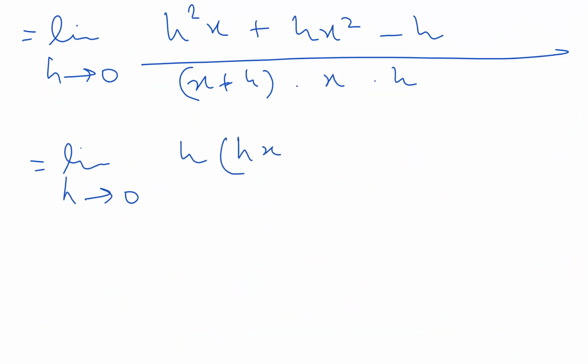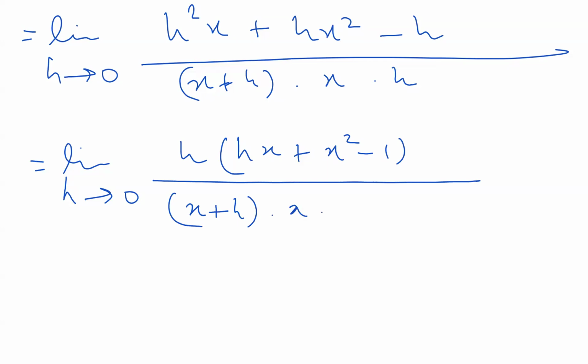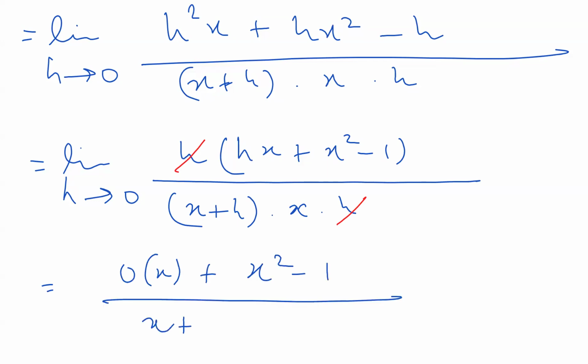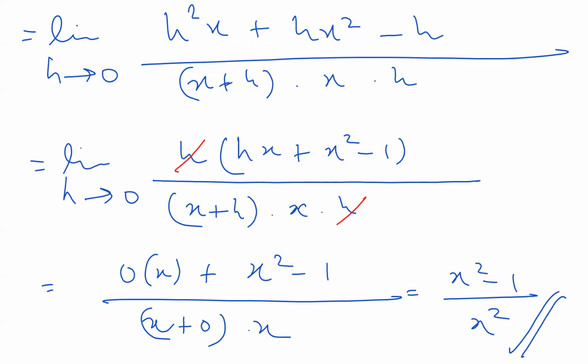So hx plus x square minus 1 upon x plus h into x into h. So this h and this h is getting cancelled. Now you can put the value of h as 0. So 0 into x plus x square minus 1 upon x plus 0 into x. So this is equal to x square minus 1 upon x square. This is the final answer.